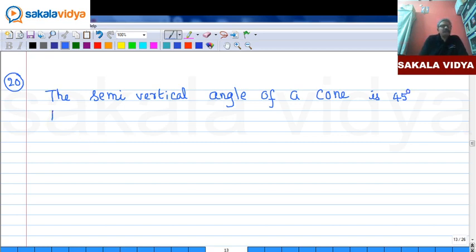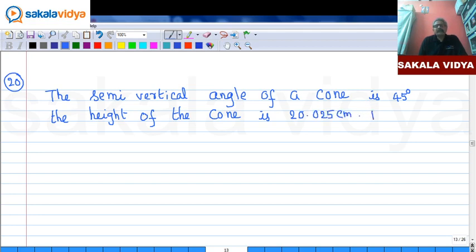The height of the cone is 20.025 centimeter.